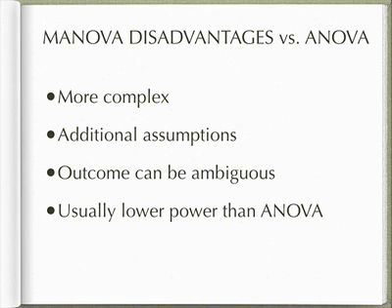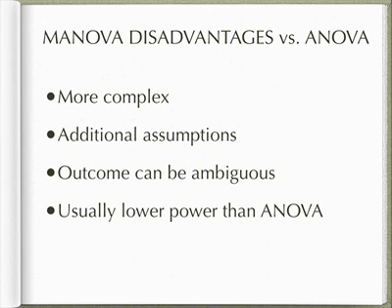Outcomes can be ambiguous because maybe you'll find significant multivariate effects for some element of the research or of the analysis, but then at the univariate level, you may only find a portion of those results are significant.